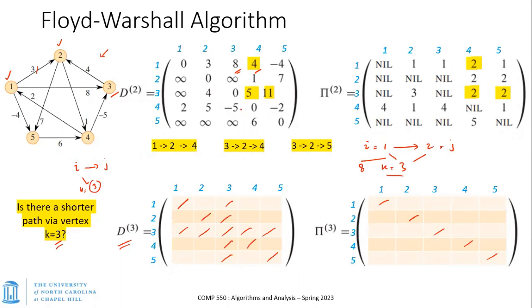So 1 to 3 has a distance of 8, and 3 to 2 has a distance of 4. So 4 plus 8 is 12. And if you go directly from 1 to 2, that has a distance of 4.